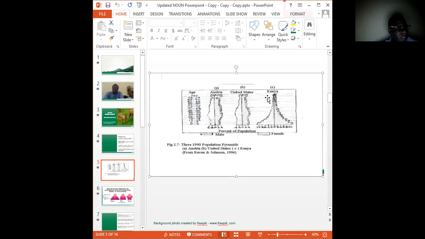Whereas, as compared to those in the United States of America, you could see that people are still about 0 to 2 or so, and 0 to 3 of female in the United States.